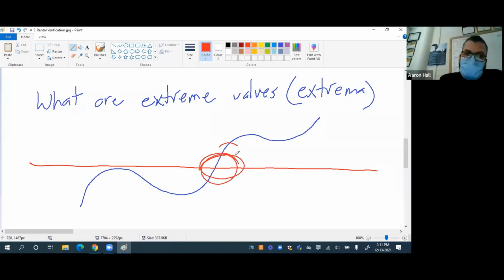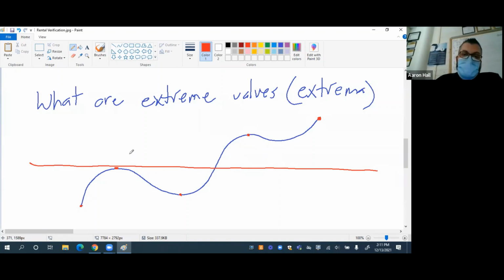This would be an average. Anything close to that would be considered average. Now, anything that gets further away from that, we're getting to extreme values. So this would be considered an extreme value. This would be considered an extreme value. This would be considered an extreme value. This one here as well.